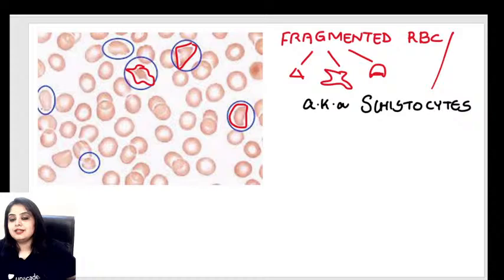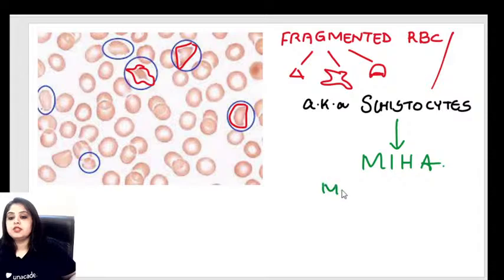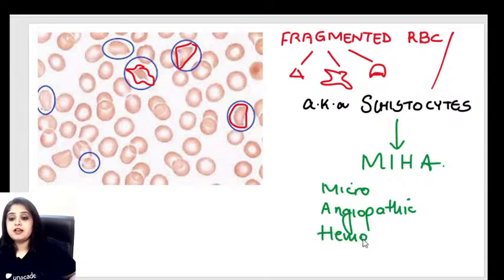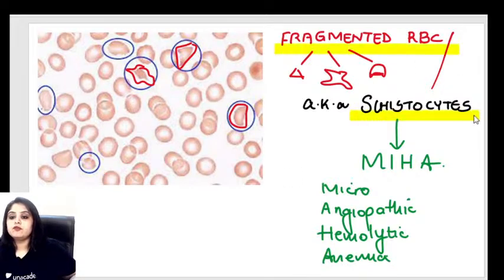So next question that they'll ask you is, where do you see schistocytes? You see it in microangiopathic hemolytic anemia. Where do we see schistocytes? Microangiopathic hemolytic anemia. That's a very famous question. If we have FMG students attending this, this is a question that has come in your previous year also, that fragmented red blood cells are a part of which anemia?